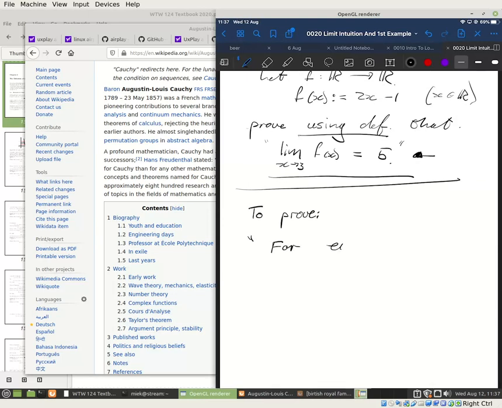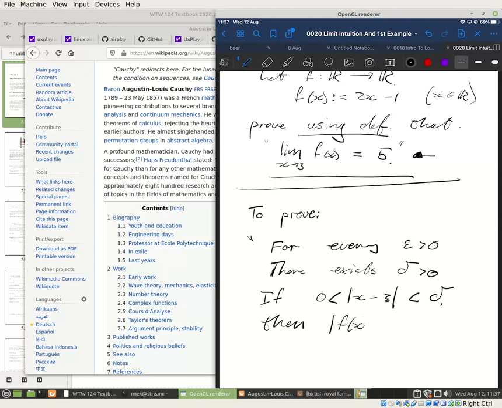For every epsilon greater than 0, there exists a delta greater than 0, so that if x is within a delta distance of 3, then the function value f of x is within an epsilon distance of 5. So here is the statement that we have to prove.